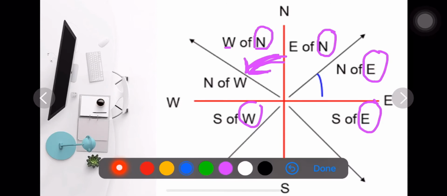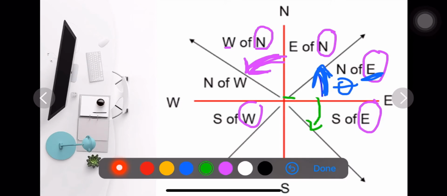Okay, kani siya, this is north of east. So gikan siya sa east, ni move siya sa north. So nadira atong theta. Okay, another example kani, gikan siya sa east, ni move siya sa south, so we have south of east. Right, so that's how you read the directions.